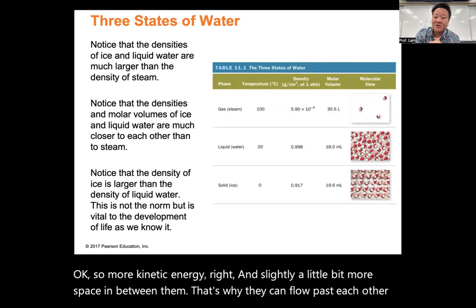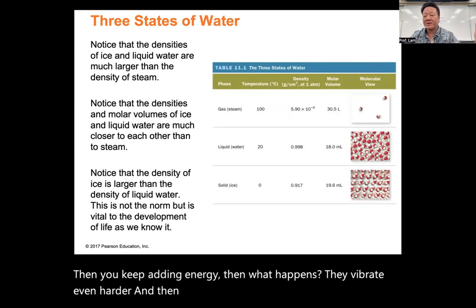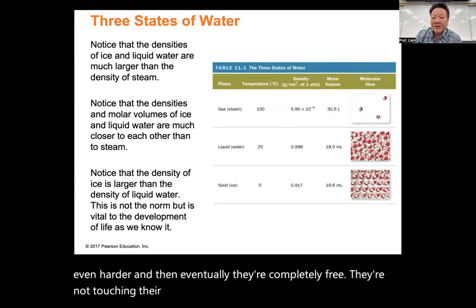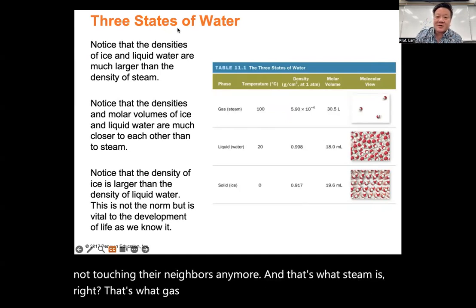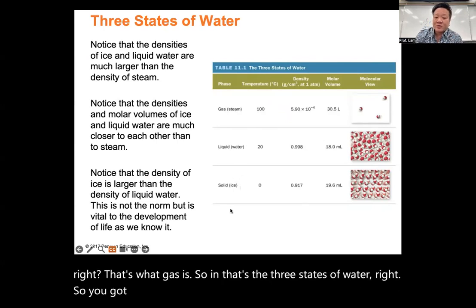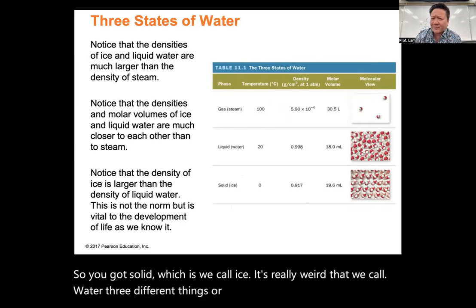Then you keep adding energy, then what happens? They vibrate even harder, and then eventually they're completely free. They're not touching their neighbors anymore, and that's what steam is. That's what gas is. So that's the three states of water. So you got solid, which we call ice. It's really weird that we call H2O three different things.